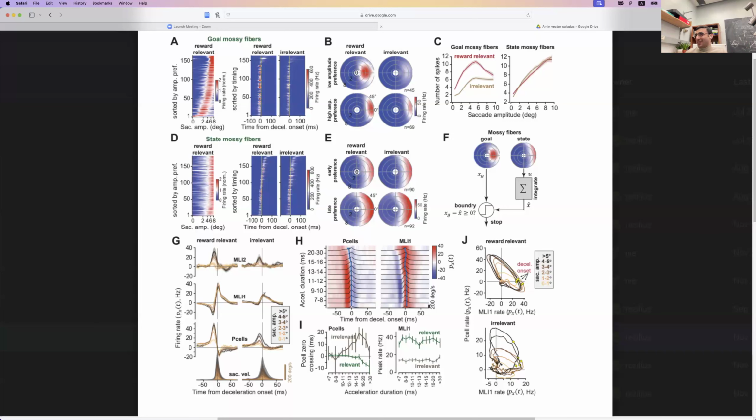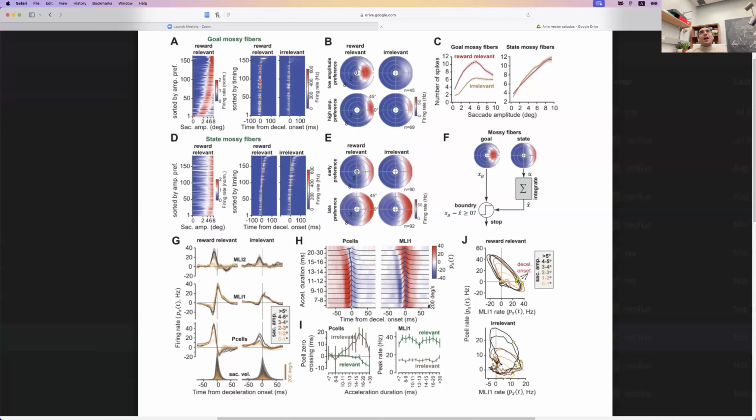We should test this based on this data. I don't think I'm able to answer your question. But what matters here is that it's vital for the animal to make an accurate saccade to get reward. So the information should go to the cerebellum to stop the collicular activity, so as to not be inaccurate and to land on the target accurately. I think that is what is going on.